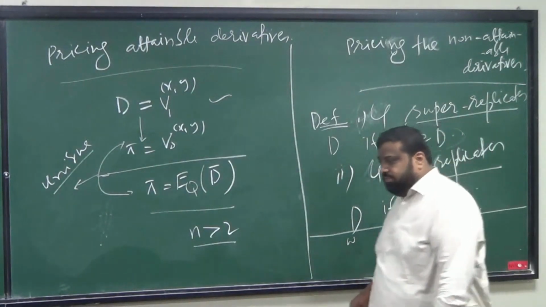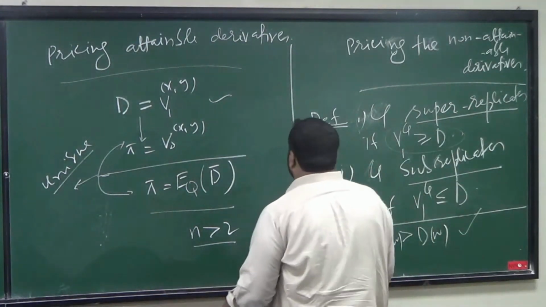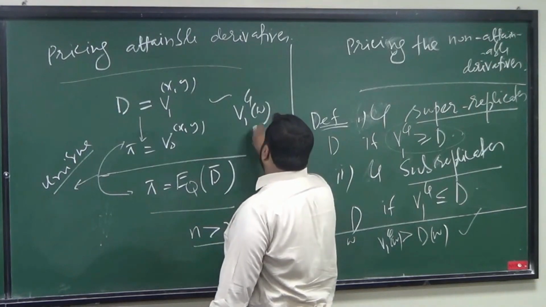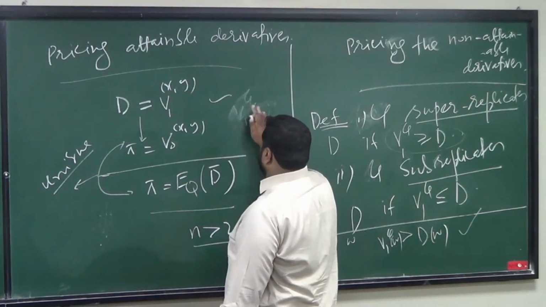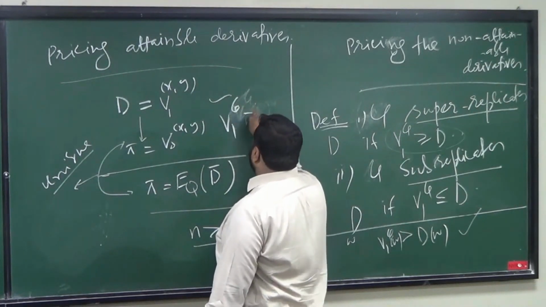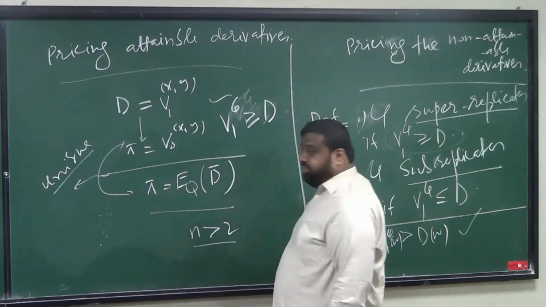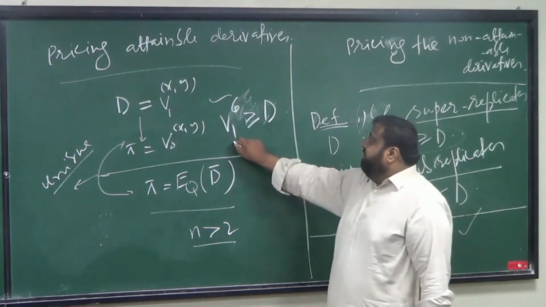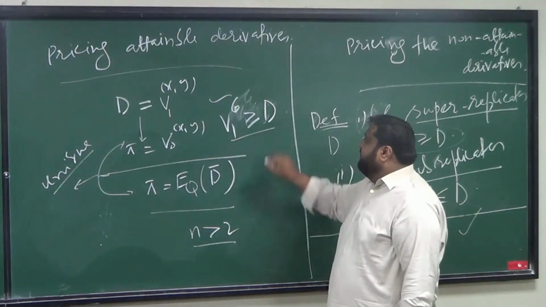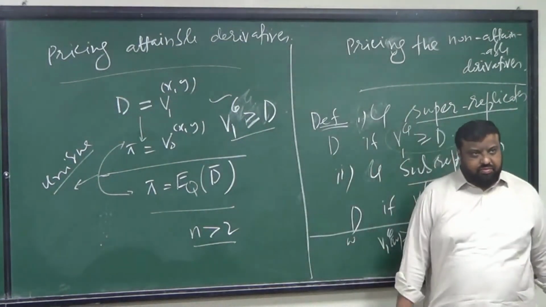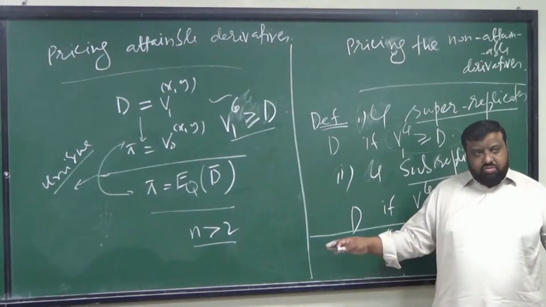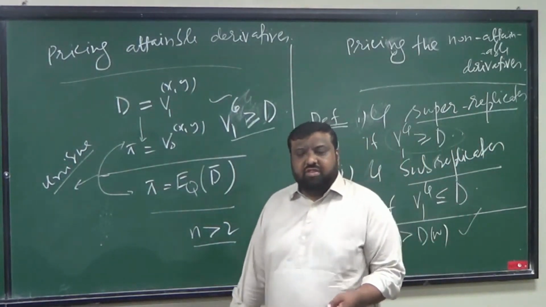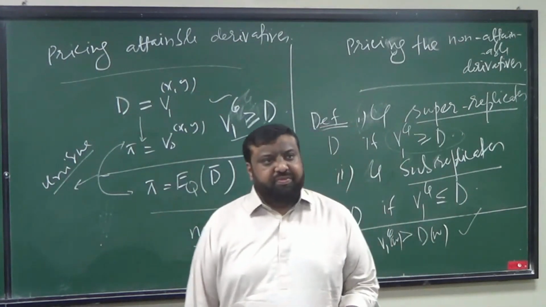Now just think about this difference, V1 phi minus D, where V1 phi is bigger than or equal to D. If this difference is too much, what's going to happen?